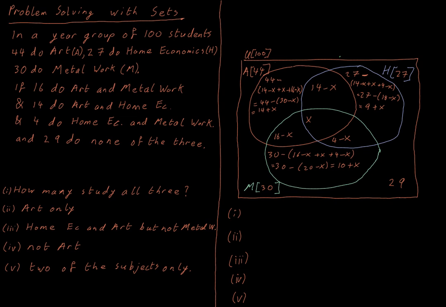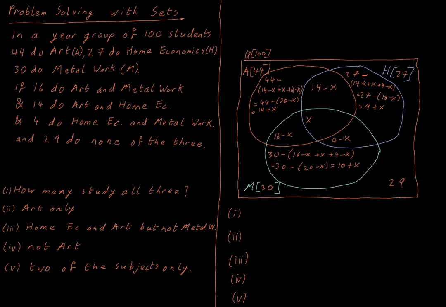What do I know about this information? Well, I know that all of the parts of this Venn diagram added together must add up to 100, because these are describing numbers of students in the year group, and I know in total there are 100 students.